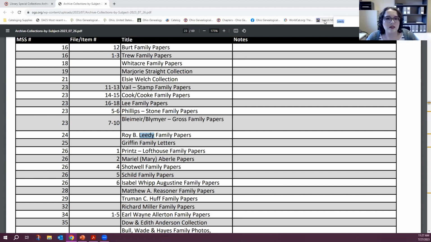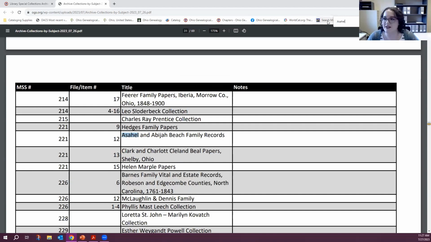Because of those variations, I would recommend just keeping it to the surname only, unless they have a very unique first name where you think they wouldn't have put it under anything else. So just be mindful of your search terms, just like with any other type of research you've done in FamilySearch or Ancestry. The spelling does change and does matter.